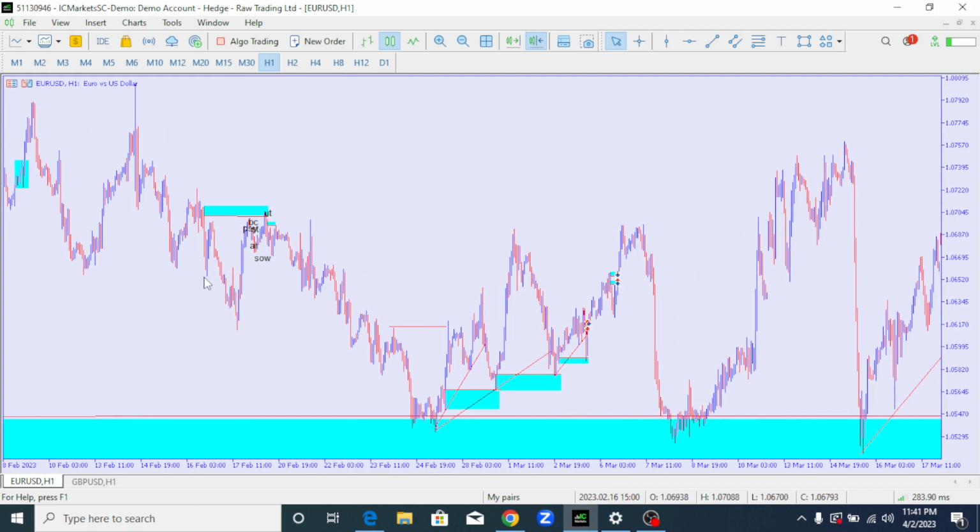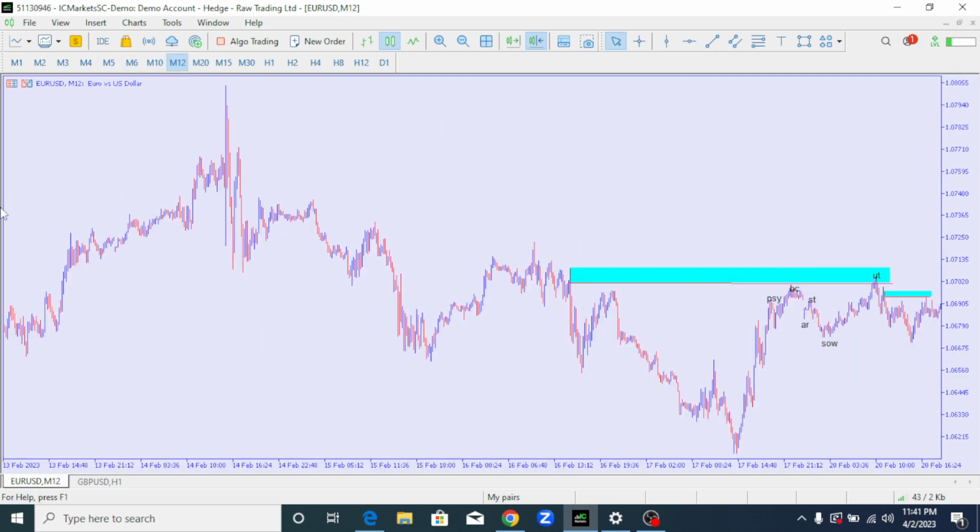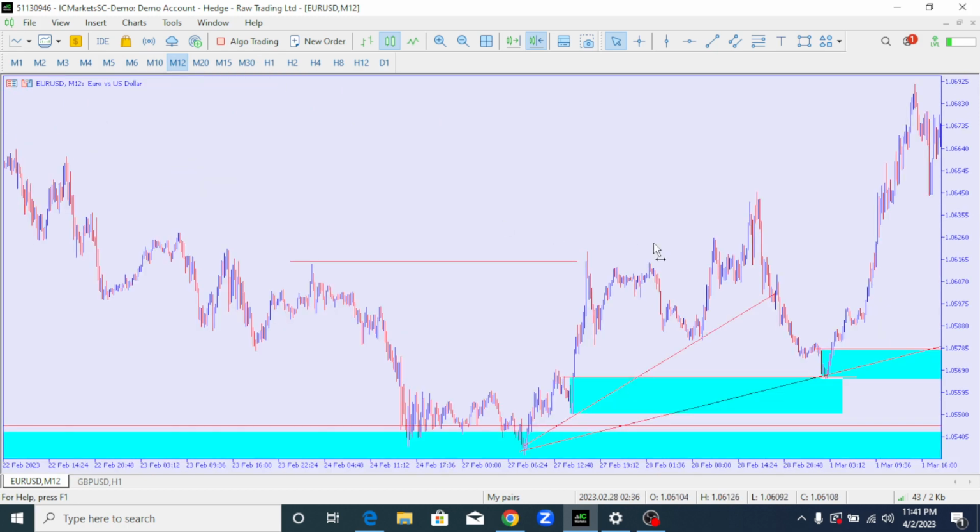You see this PS and this selling climax and this automatic rally, which swept this previous high, and you see this signal, the spring. These trades were really unnecessary.